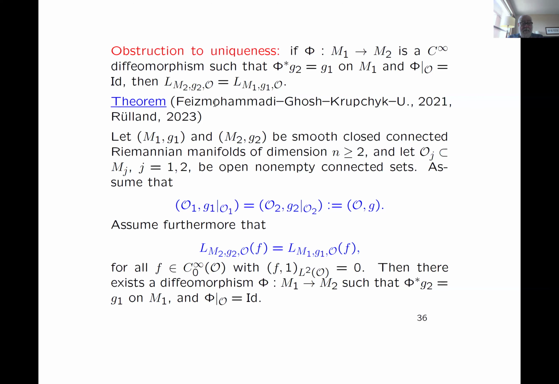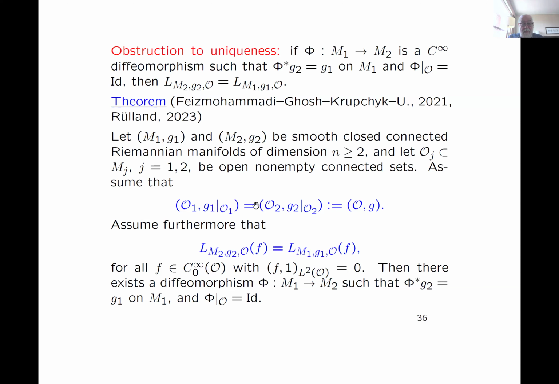And the theorem, I see this typo here, Uhlmann, I think, has only one n. The theorem is that there is uniqueness up to that obstruction in that case. So you take two smooth, closed, connected Riemannian manifolds of dimension n, and you take an open subset.